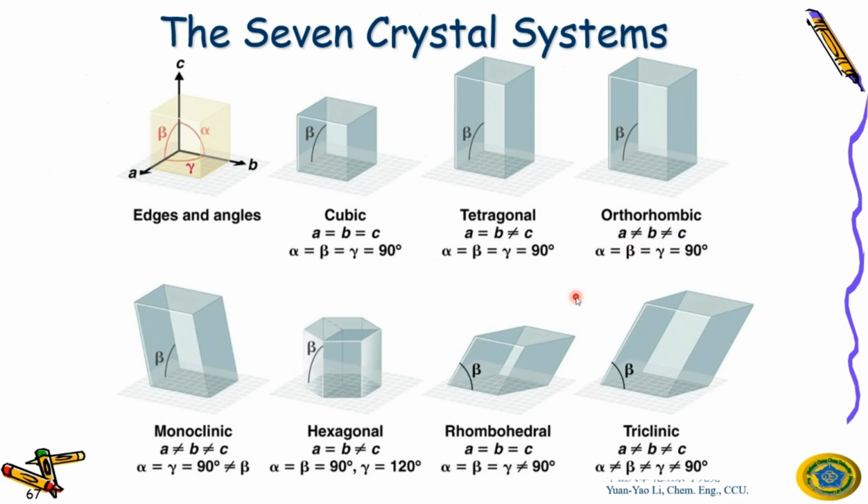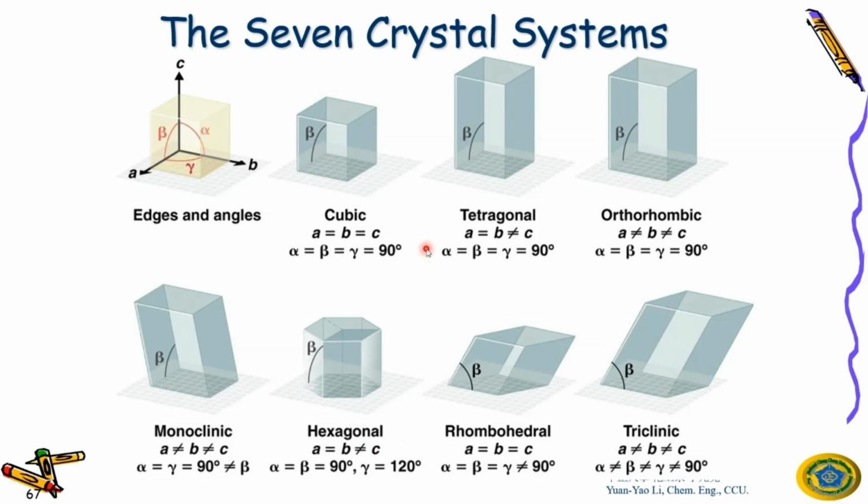So there are 7 crystal systems. We just talked about the cubic structure, right? But actually, there are other types of crystal structure. You already learned the cubic crystal structure and the hexagonal crystal structure.